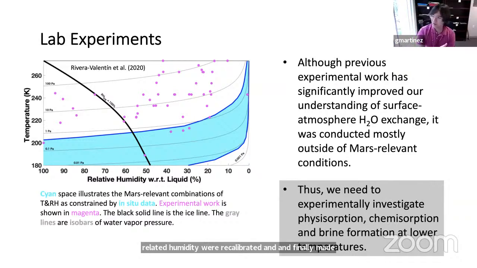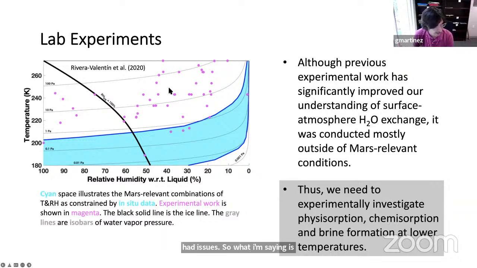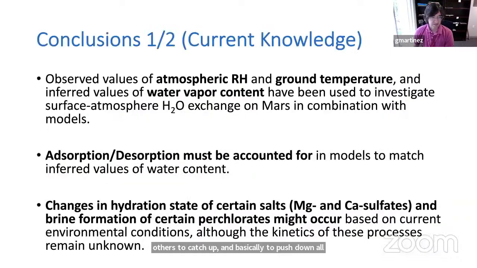The ground temperature from the relative humidity had issues. So what I'm saying is, in situ data have been made available to the community in the last few years. So now it's time for experimental people like me and others to catch up and basically to push down all these magenta colors. So in conclusion, this is the first slide having to do with current knowledge.